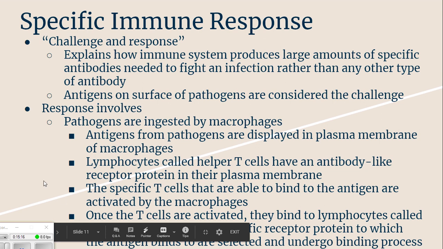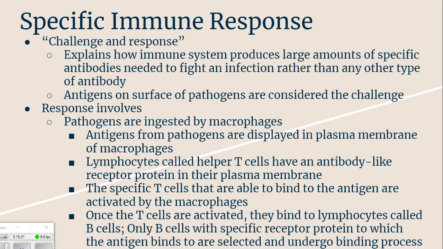Once the T cells are activated, they bind to lymphocytes called B cells. And only B cells with specific receptor protein to which the bound antigen binds are selected and undergo this binding process.